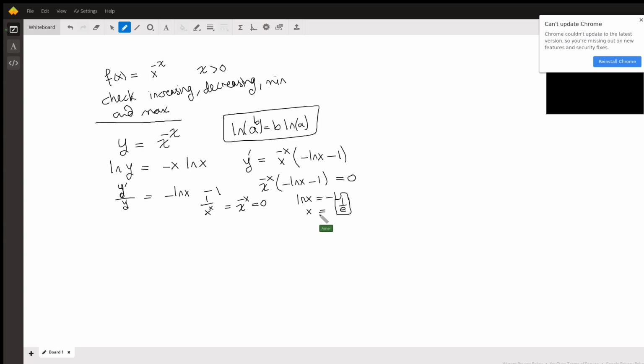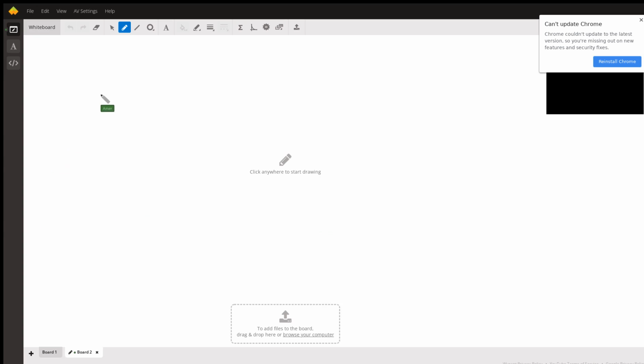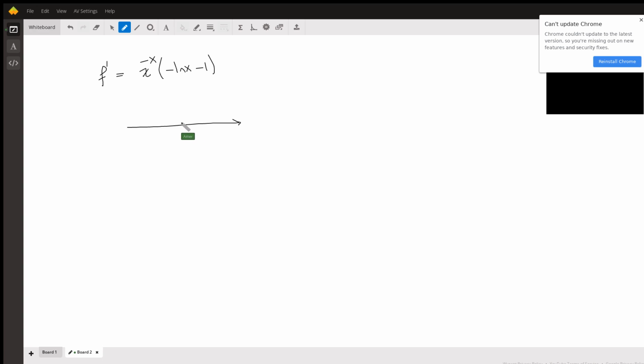Now we need to check the sign of the derivative. Again, the derivative is x to the negative x, times negative ln x minus 1, and at the critical value 1 over e, this is 0.